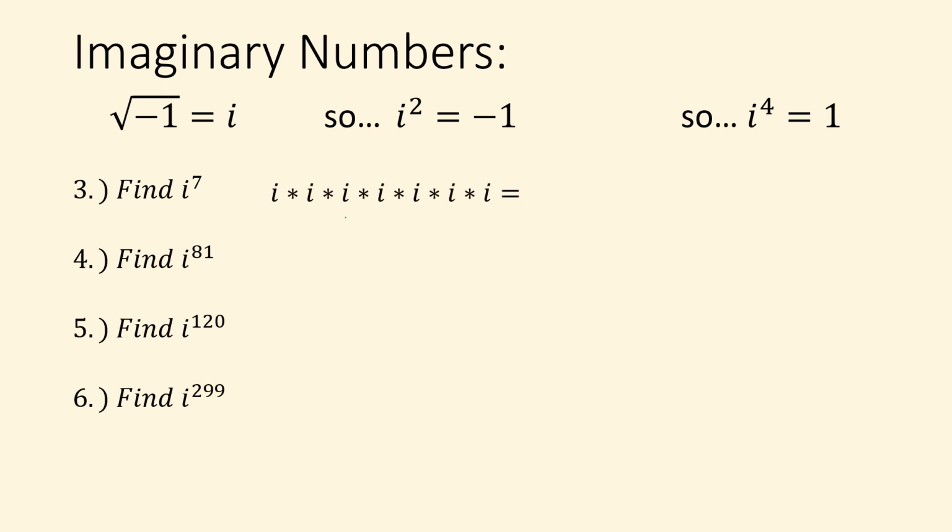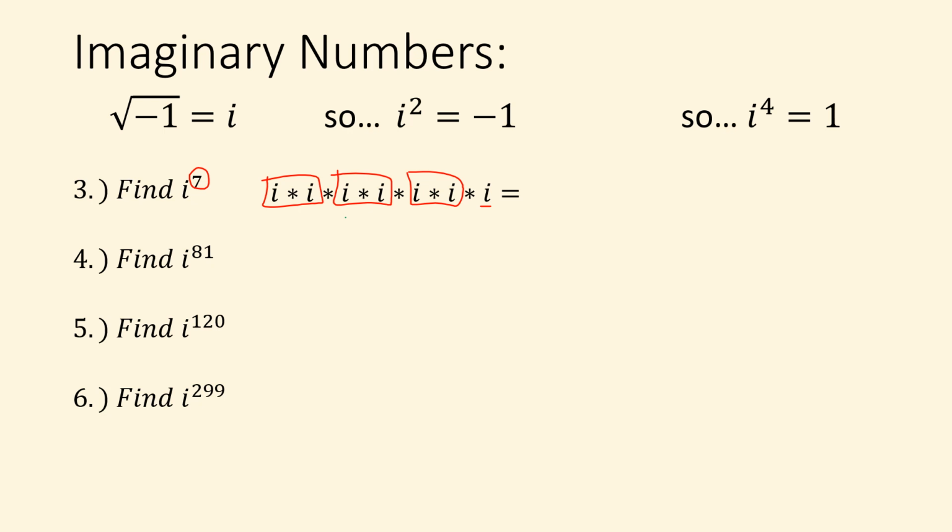If we looked at this and grouped all of the pairs of i's together, we can see we have 3 pairs of i's and we have 1 left over. That's really the first thing that we want to determine: is there going to be an i left over, or are all the i's paired up? We can tell that by just looking at this exponent and seeing, is it even or is it odd? If it's odd, there's an i left over.